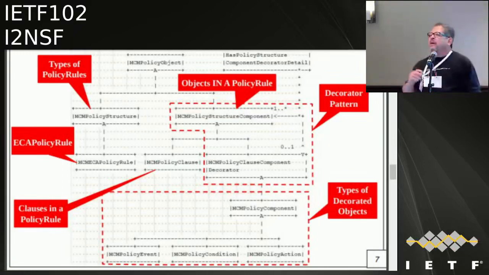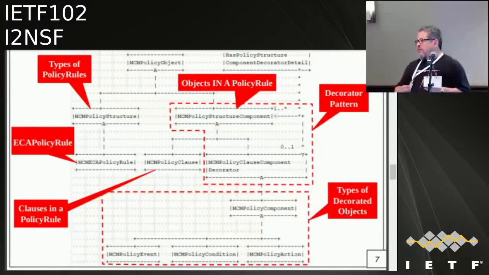A decorator is a software concept. It was defined in 1995. It's used in pretty much every windowing toolkit I've ever come across. It's used in Java. And what it does is it allows you to use delegation to assemble a new object by putting all or parts of existing objects together.